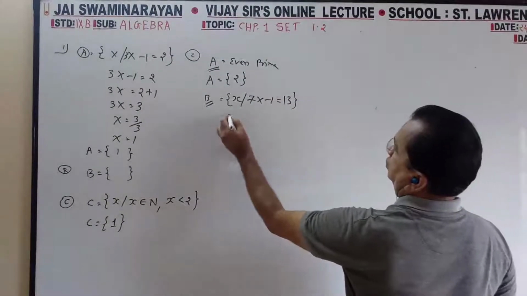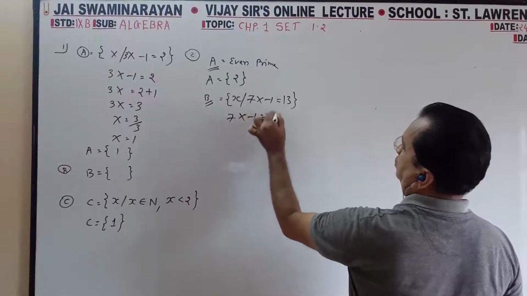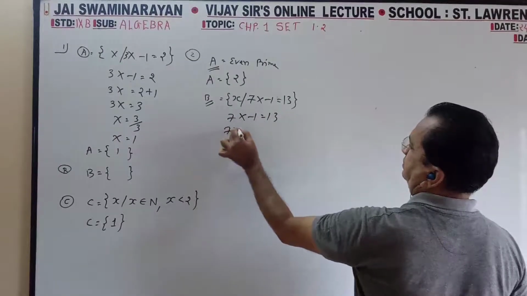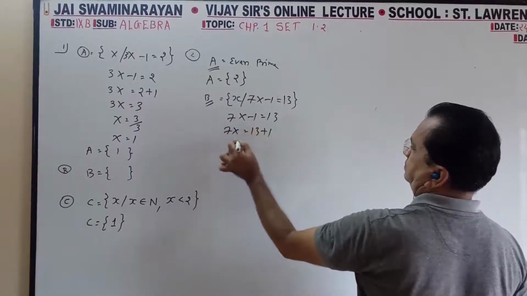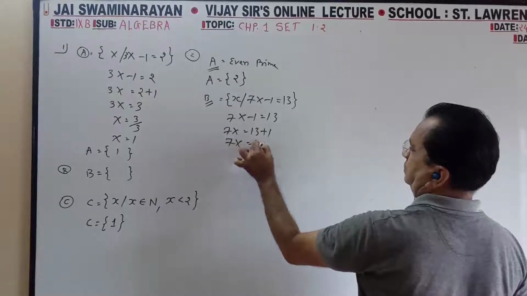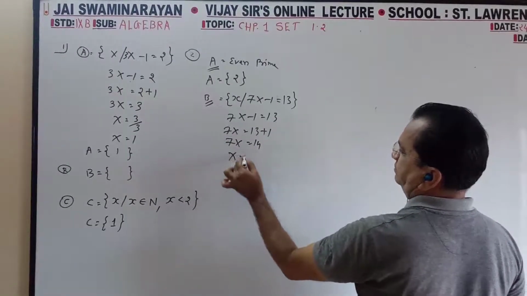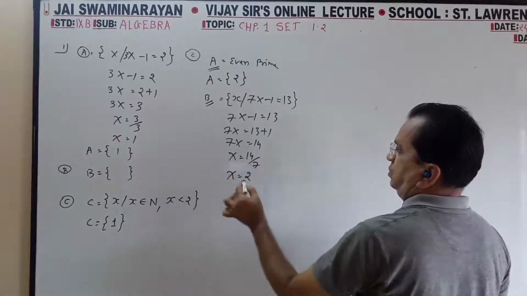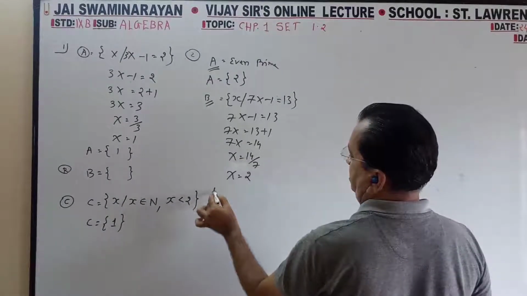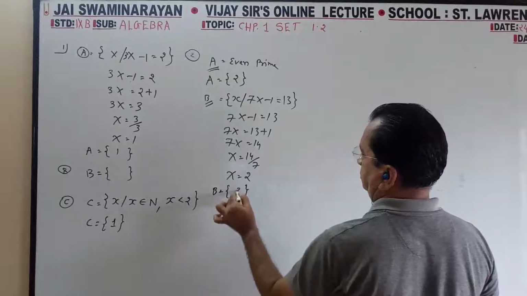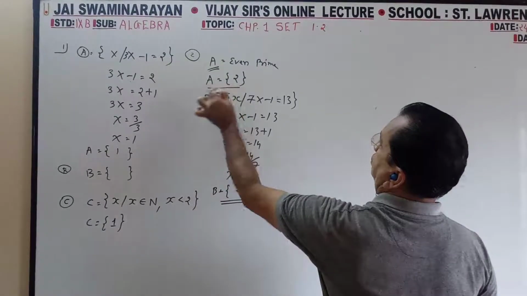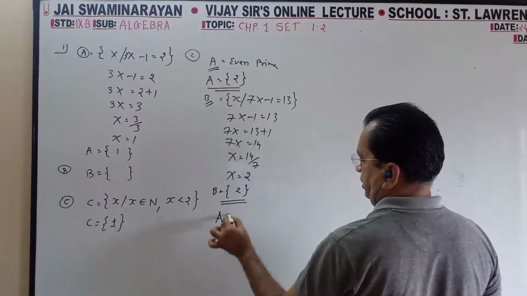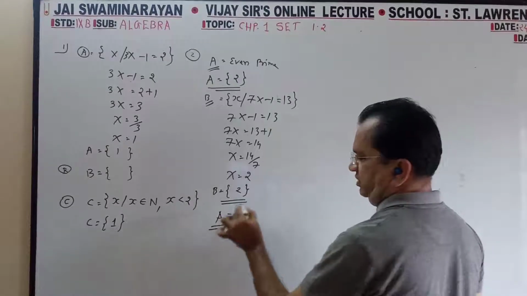Okay, so 7x minus 1 is equal to 13. Minus 1 comes this side. Divide by 7. So B is equal to only 2. A is equal to only 2. So A and B are equal sets.